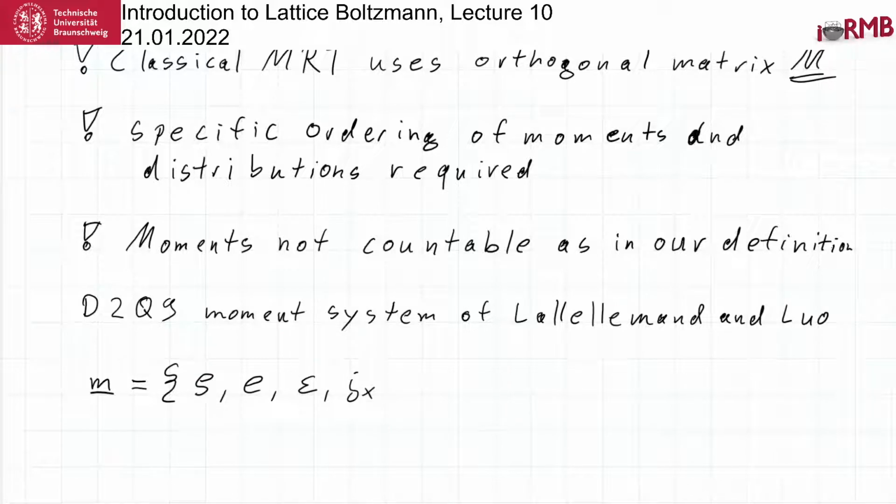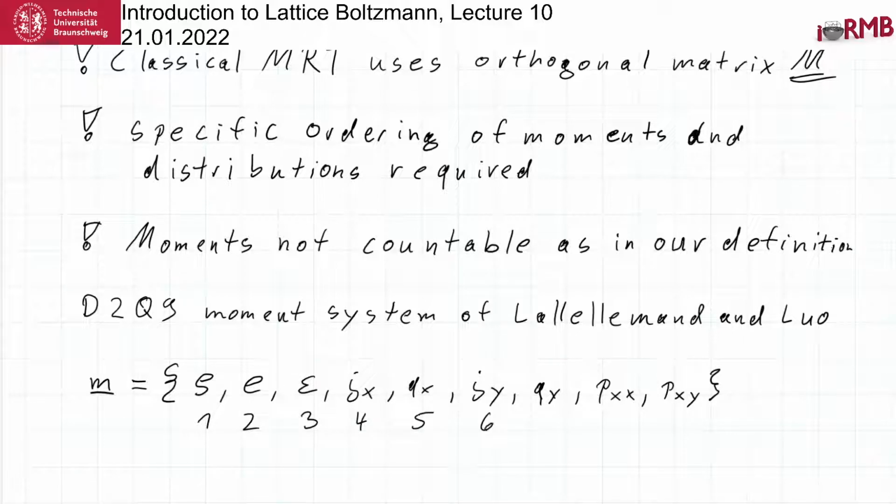Then there is Jx. Then there is Qx. Then there is Jy. And there is Qy. And then there is Pxx. And then there is Pxy. So not only is the ordering of these moments arbitrary, but the naming is also arbitrary. So we have 1, 2, 3, 4, 5, 6, 7, 8, 9.